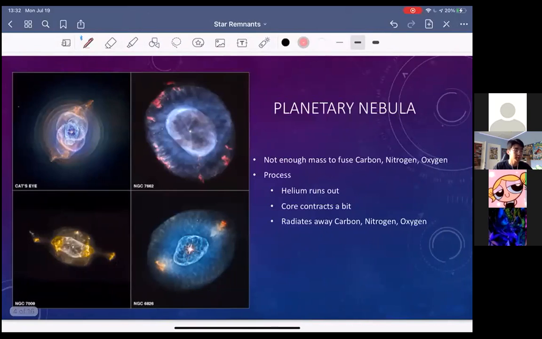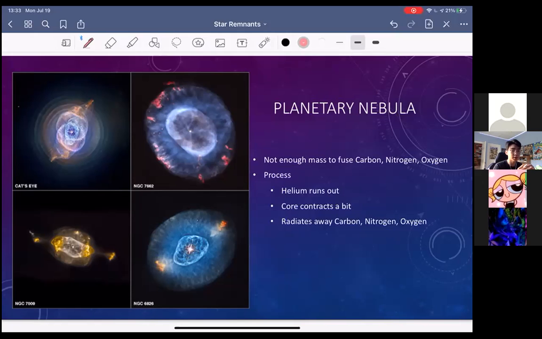So first comes the planetary nebula, right? A planetary nebula is what happens after all those outer layers of the star start to float away, once a star reaches its red giant phase. When there's no more fusion happening, these stars can't fuse carbon, neon, or nitrogen. These heavier elements are just not big enough to fuse.